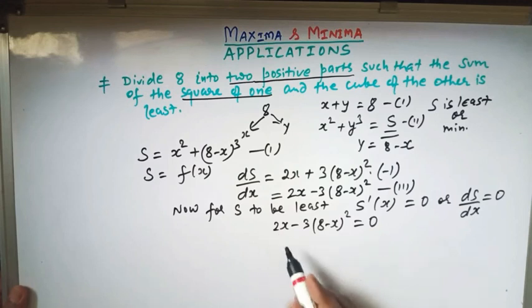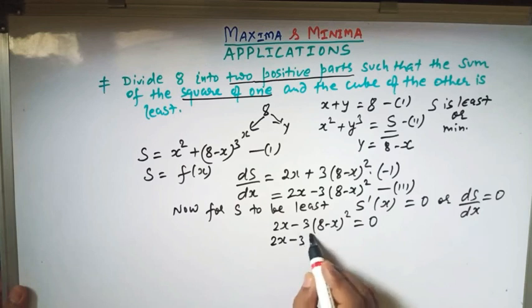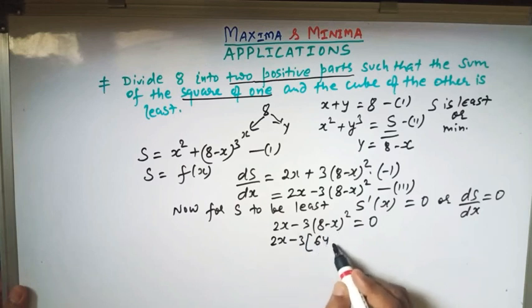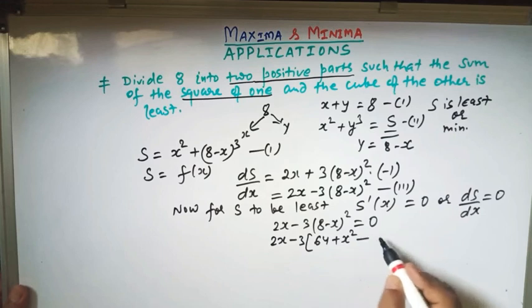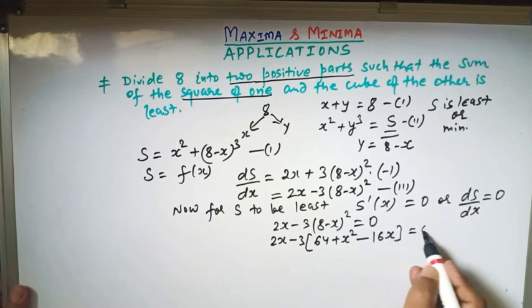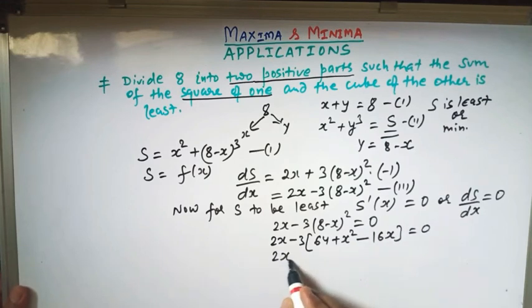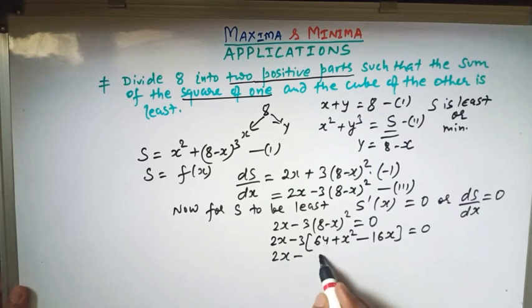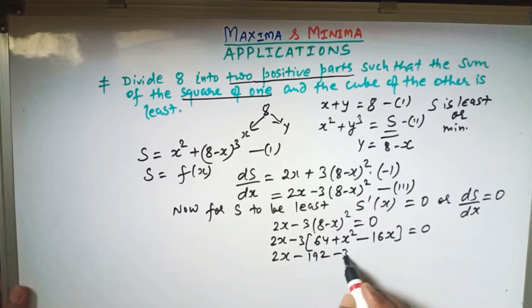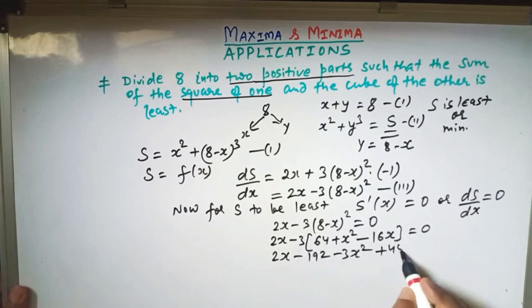From here we'll solve this equation. So this is 2x, minus 3 times 64 plus x square minus 16x. So this can be written as 2x, 3 4s are 12, this is 192 minus 3x square plus 48x.